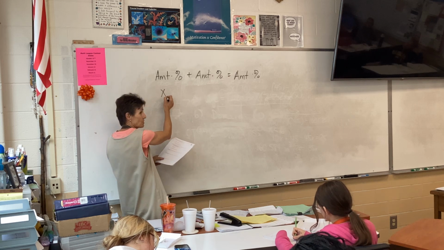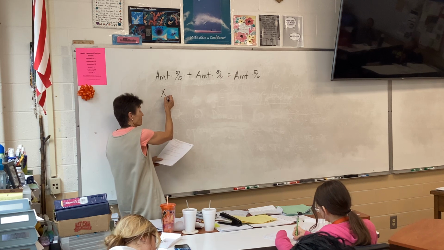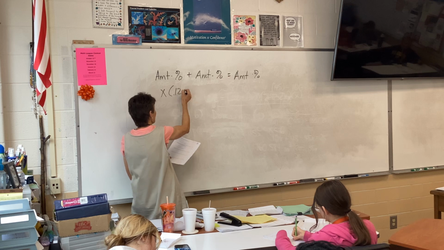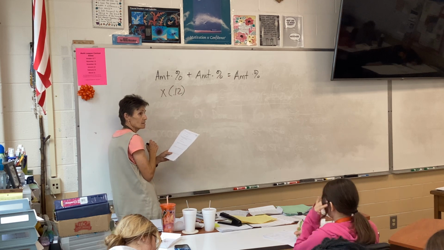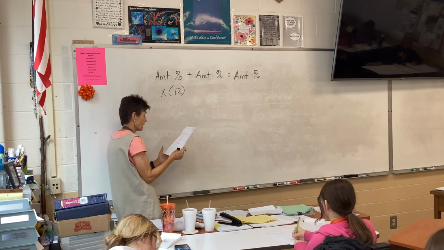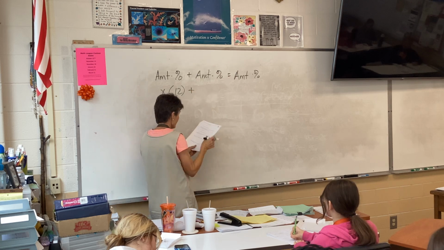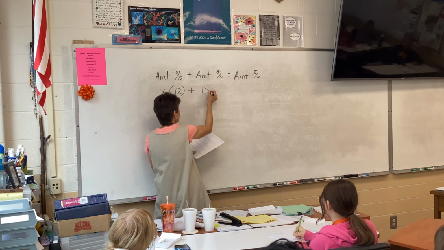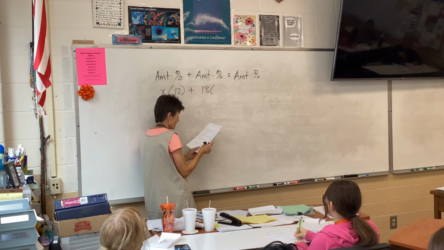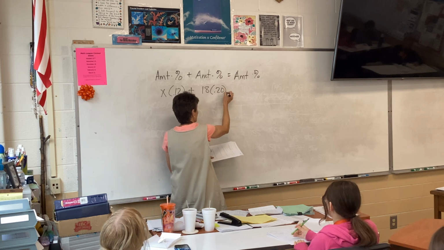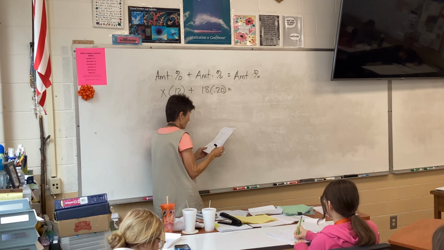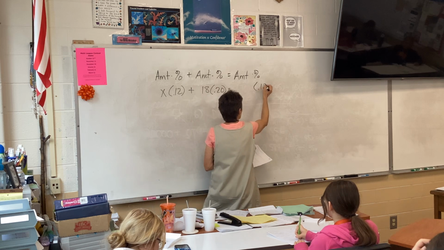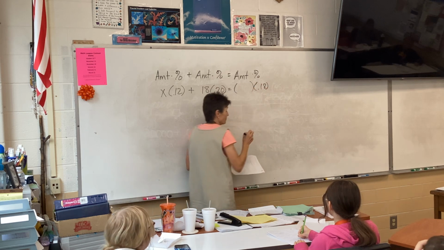How much, I don't know, X, 12% solution should be added to 18 gallons of 20% solution to get an 18% solution.